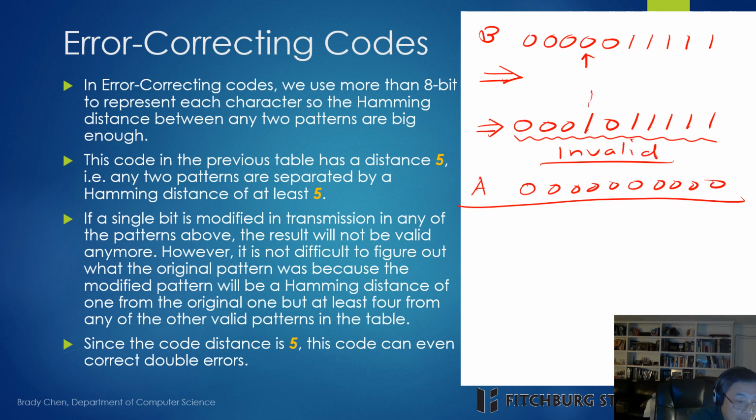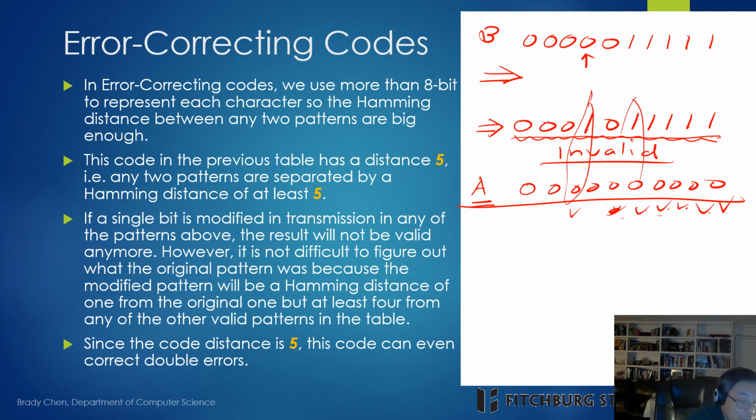Now this is different, this is different. So you have a total of 6. Which one? This? No, not this one. So the Hamming distance is 6. That means the received pattern was not A, right? Because the distance is so far away.